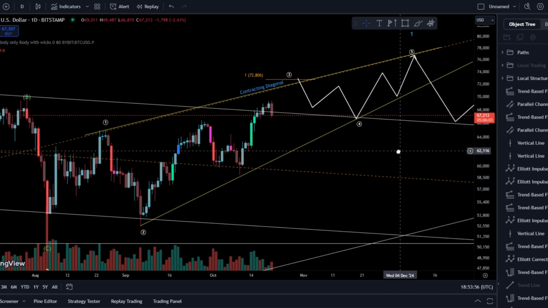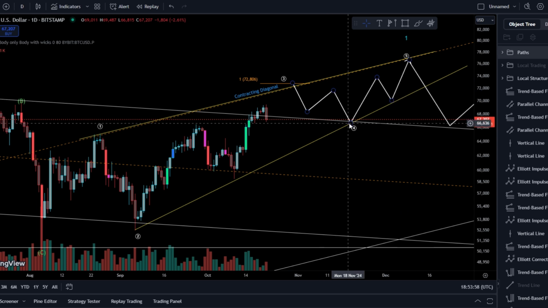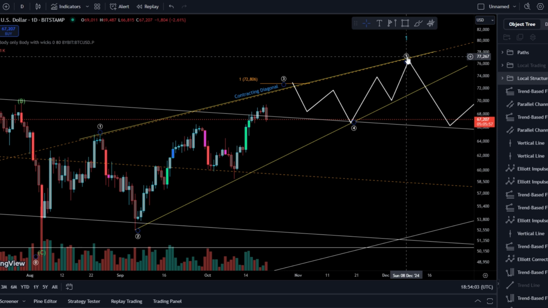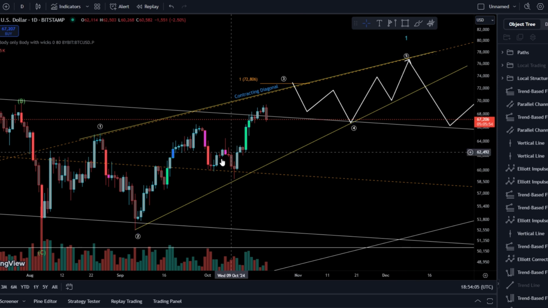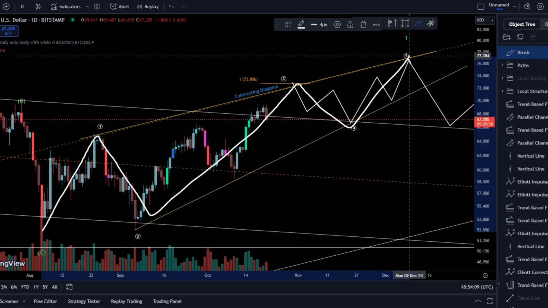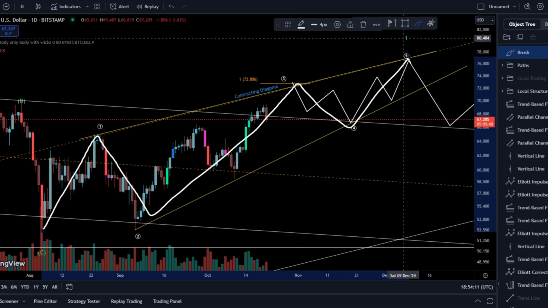From there, we should see a 3-wave move into our 4, and another 3-wave move to complete the structure into our 5th wave, completing an internal 5-wave contracting diagonal to complete a larger degree wave 1.